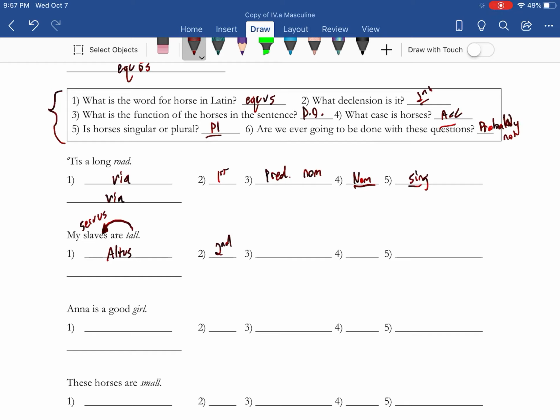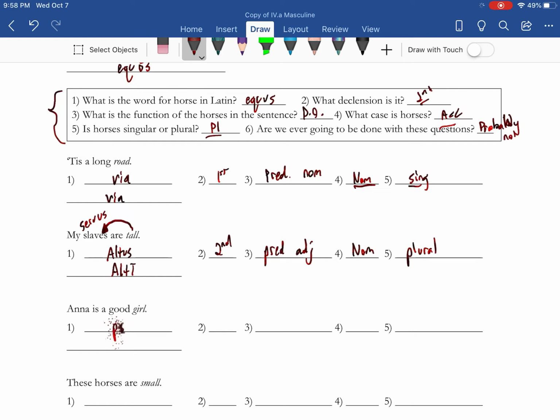And so this is describing it, but it's coming after the verb, so predicate adjective. Because it's describing the subject, it has to be the same case, which means it's nominative. Slaves is plural, so it's going to be plural. So nominative plural of US, if you look at the chart, is going to be an I, so pronounced alti.